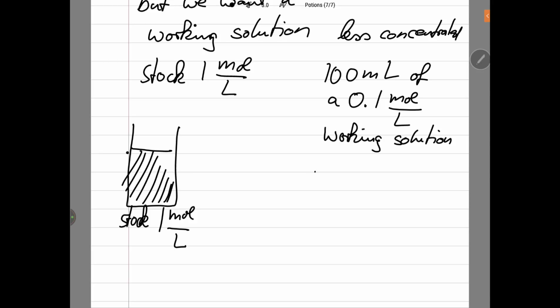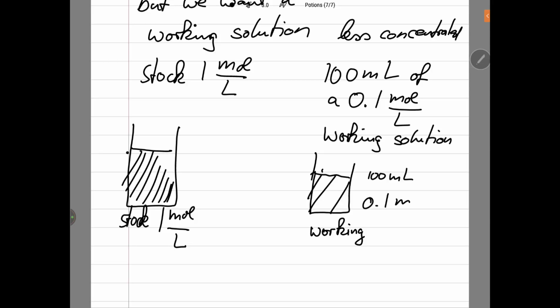And we want to have 100 milliliter of a working solution, which has a concentration of 0.1 mole per liter.